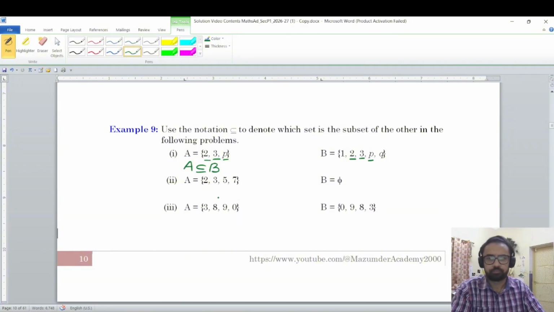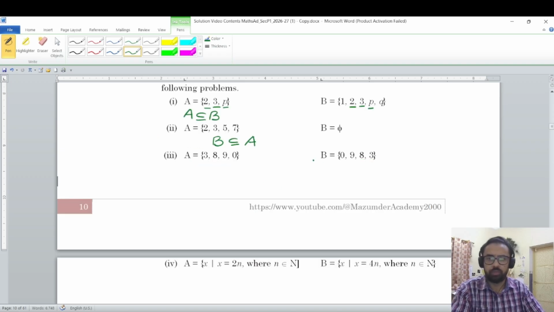Next, A = {2, 3, 5, 7}, B = {5}. A few minutes ago I said phi is always a subset of any set, so here you can write B is a subset of A, because B is phi and phi is always a subset of any set. Then in the next pair, A is 3, 8, 9, 0. Is 3 available in B?